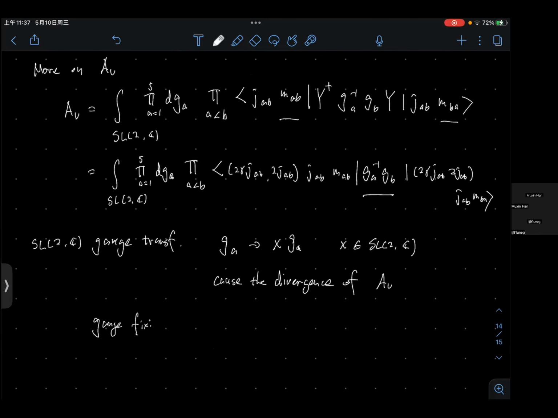Gauge fixing is just removing one copy of the integral, for 1 to 5, by inserting a delta function, for example, of G5.